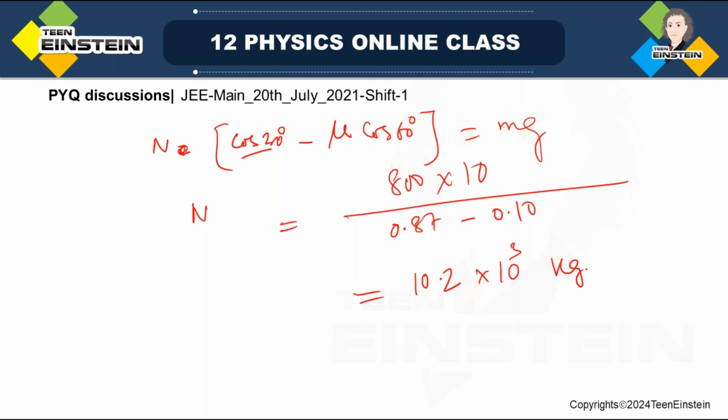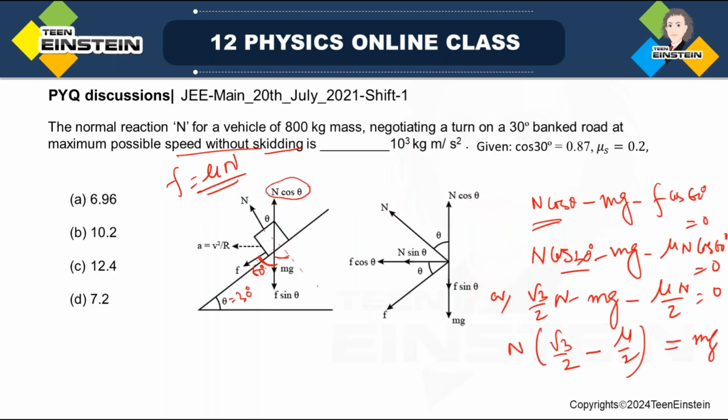That means kg meter per second square. Okay, so this will be the answer for this question. Okay, so this was from Bank Road.